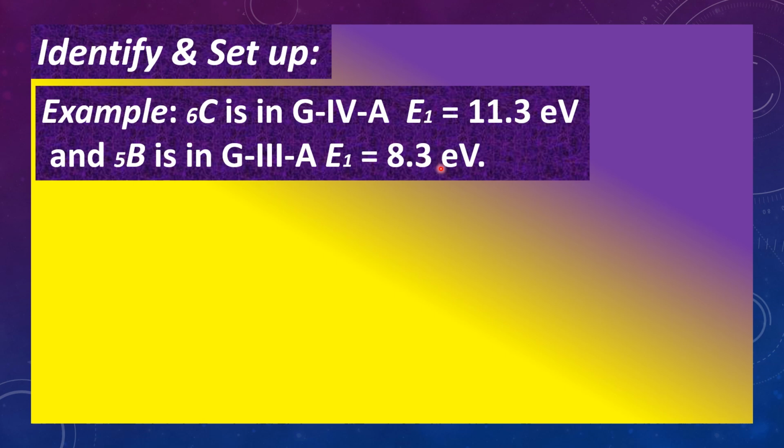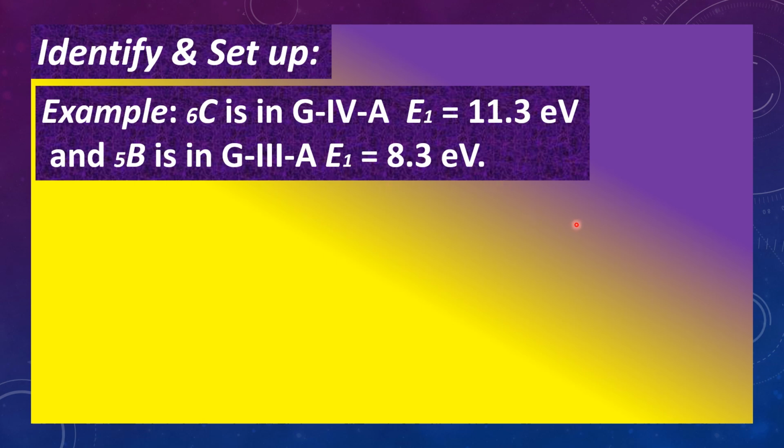So, in this case, there is no deviation, because the carbon element is to the right of the boron element. So it is expected that its first ionization energy will be higher than that of boron.